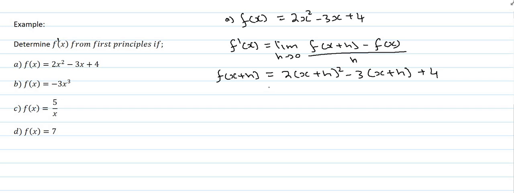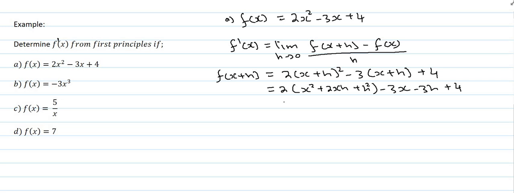Therefore you simplify. This will be 2 binomial of x plus h multiplied by x plus h. You will get x squared plus 2xh plus h squared. Negative 3 multiplied by x will be negative 3x. Negative 3 multiplied by h will be negative 3h plus 4.